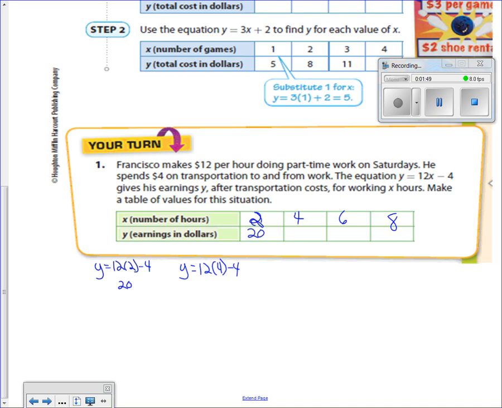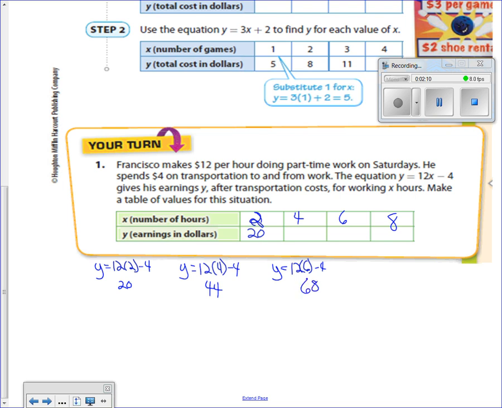That's 12 times 4 is 48. 48 minus 4 is 44. y equals 12 times 6 minus 4. 12 times 6 is going to be 72. Minus 4 is 68.